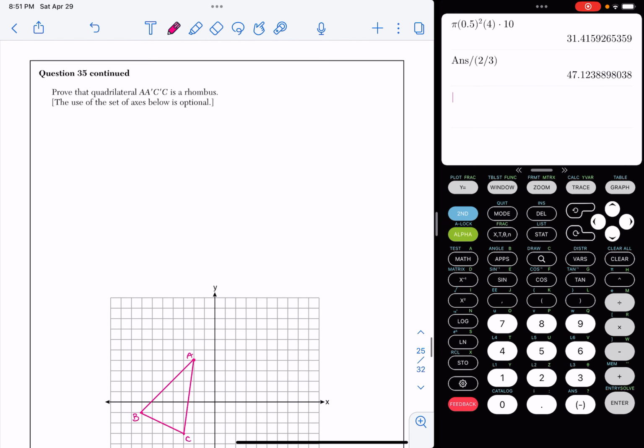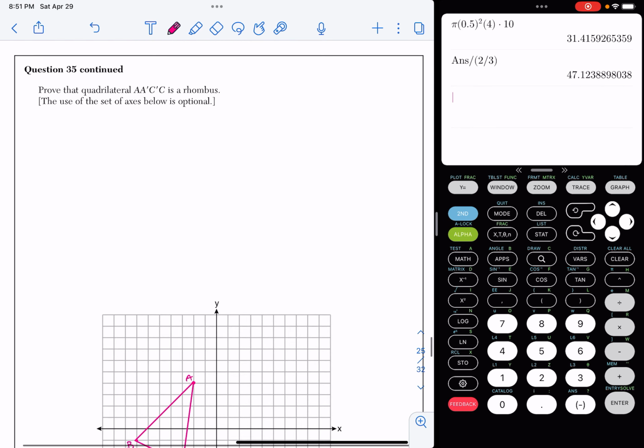All right, on to the last part of this question and of the whole exam. It asks to prove that A prime, C is a rhombus. So I'm going to write down what all of these coordinates are just to keep everything straight. A is -2, 4. A prime is 3, -1. That's what we just found. C prime we just found is 2, -8.